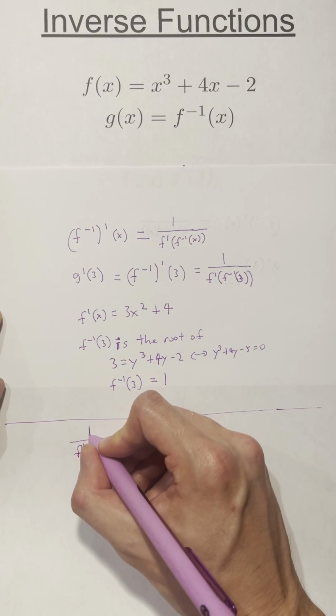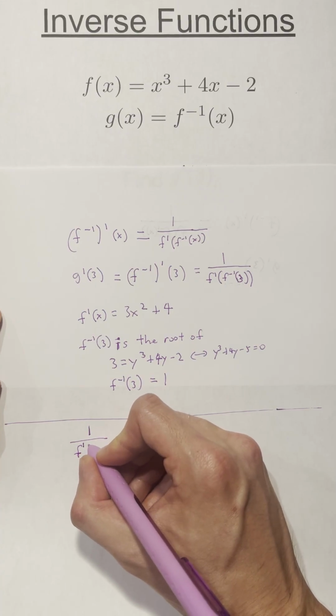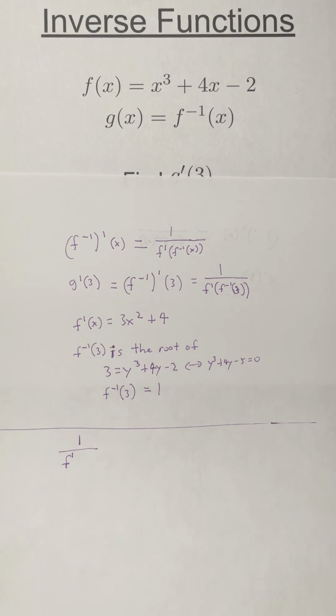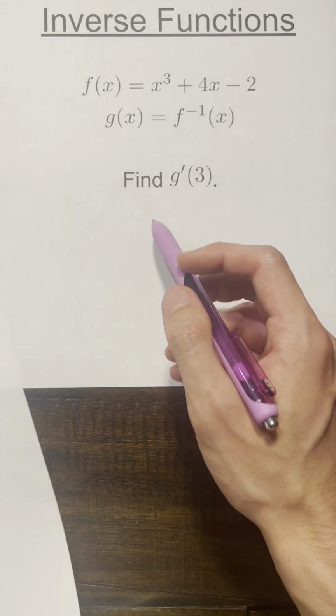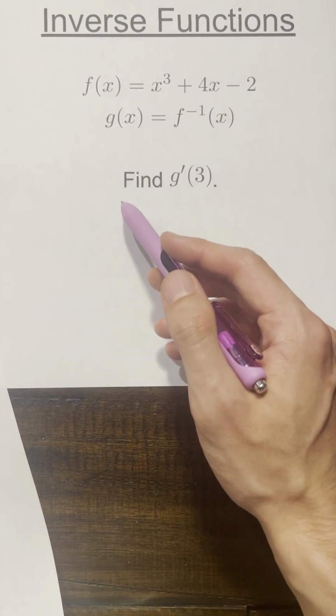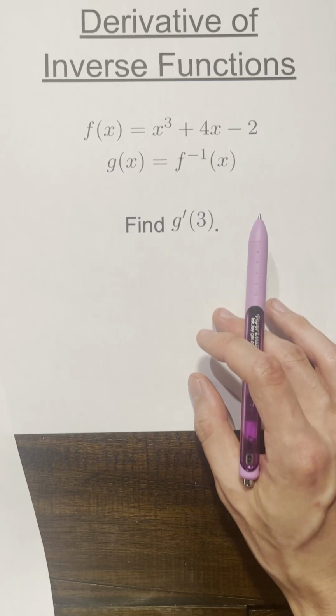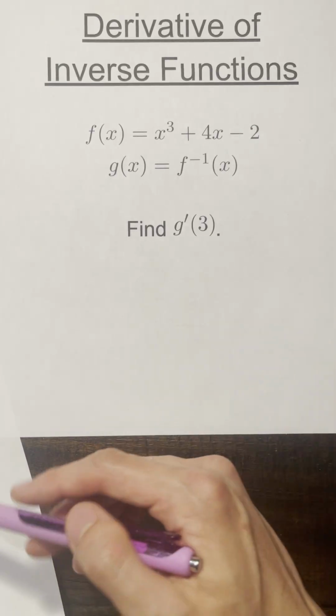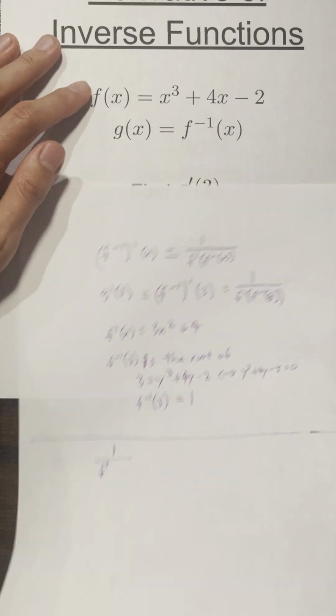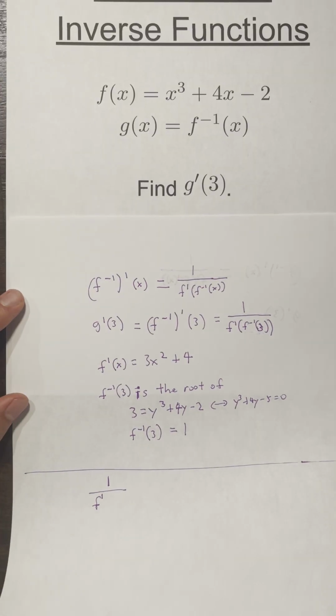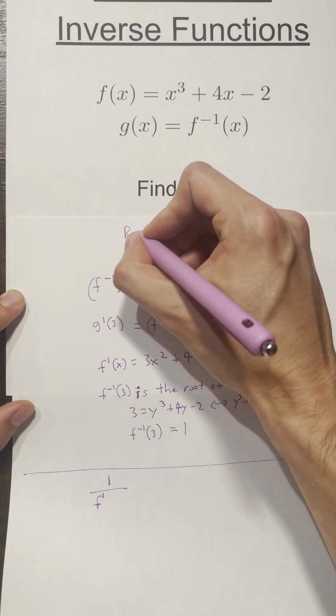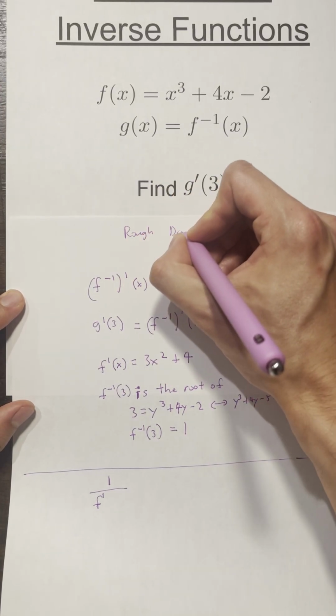This is kind of our rough draft. I'm going to write down our official solution that we're going to turn in on here. I'll just put rough draft at the top.